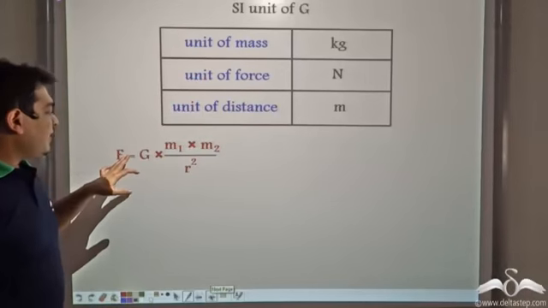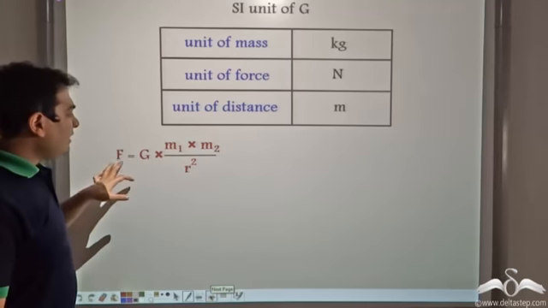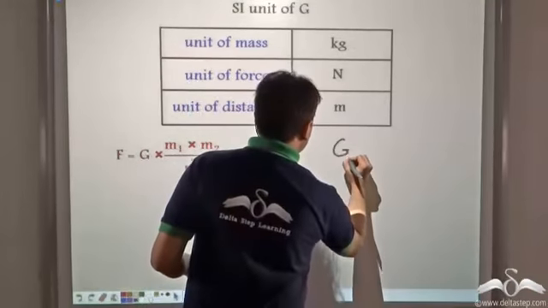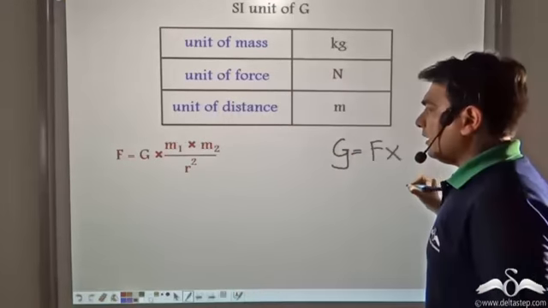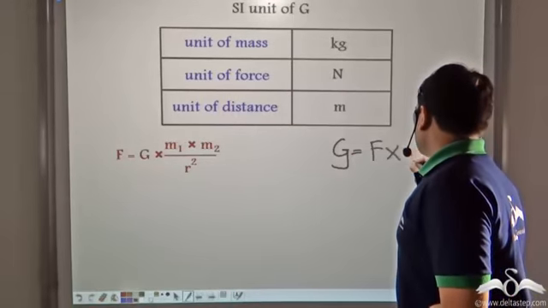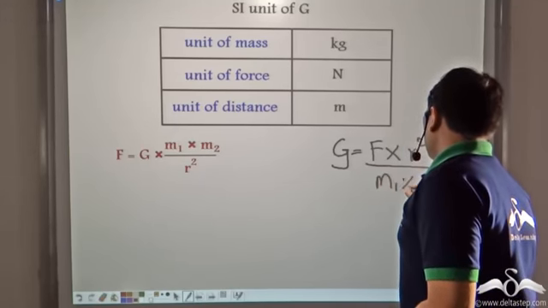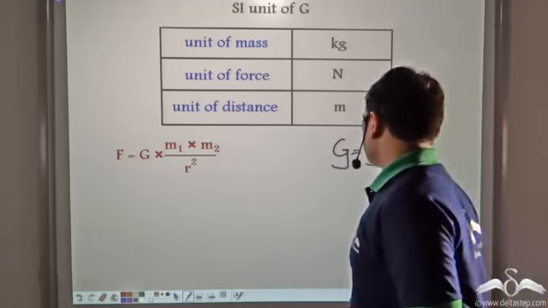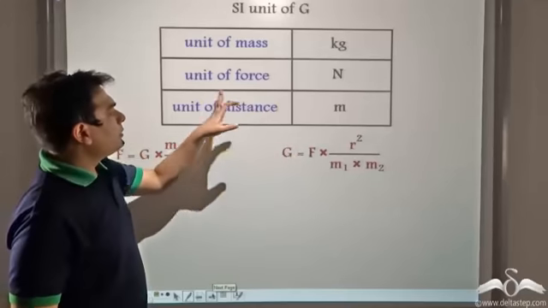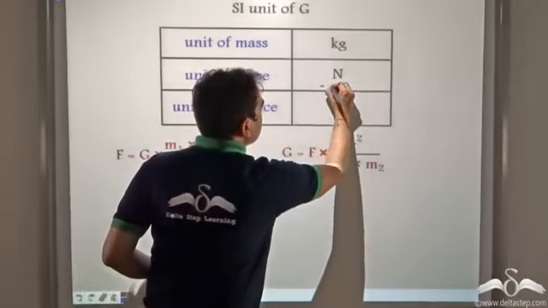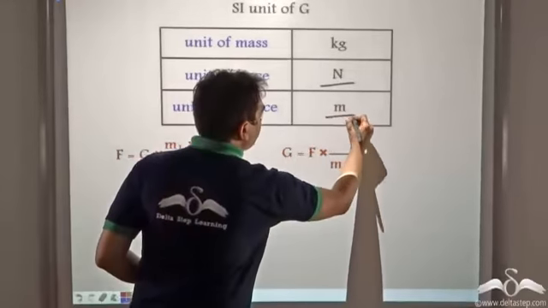Well, F is equal to G into m1 into m2 divided by r square. We could rearrange to get G is equal to F into r square divided by m1 into m2. Now, the unit of force is Newton. The unit of r, which is distance, is meters.